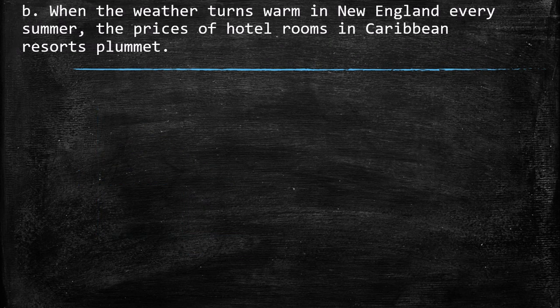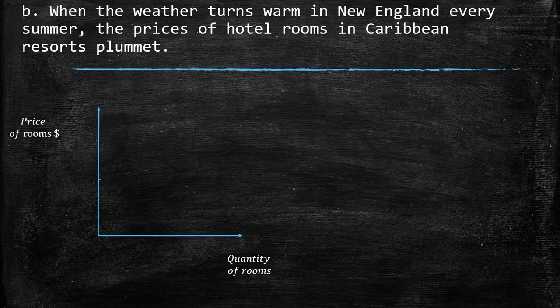B. The weather turns warm in New England every summer, the price of hotel rooms in Caribbean resorts plummets. So here we have the quantity of rooms and the price of rooms. So here we have the initial case, but again, given that the weather turns warm, there is an increase in the demand.